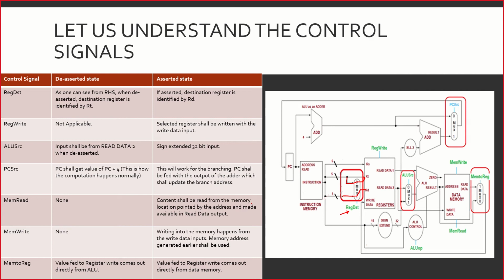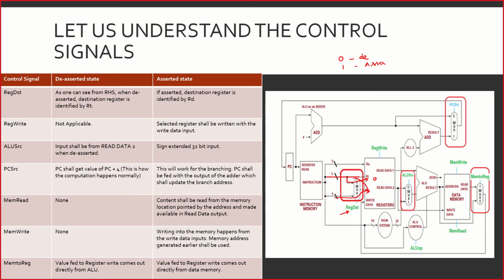Remember, when deasserted, the destination register is RT, and when asserted, it will be RD. So it will be RT if it is 0, and RD if it is 1. So 0 is called deassertion, 1 is called assertion, and remember it, this is very, very important.